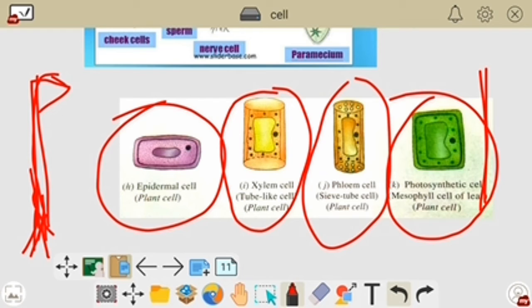It helps to make the food for the plant organs. So these are the various types of plant cells, and the animal cells, and these are the shapes of different types of animal cells and plant cells.